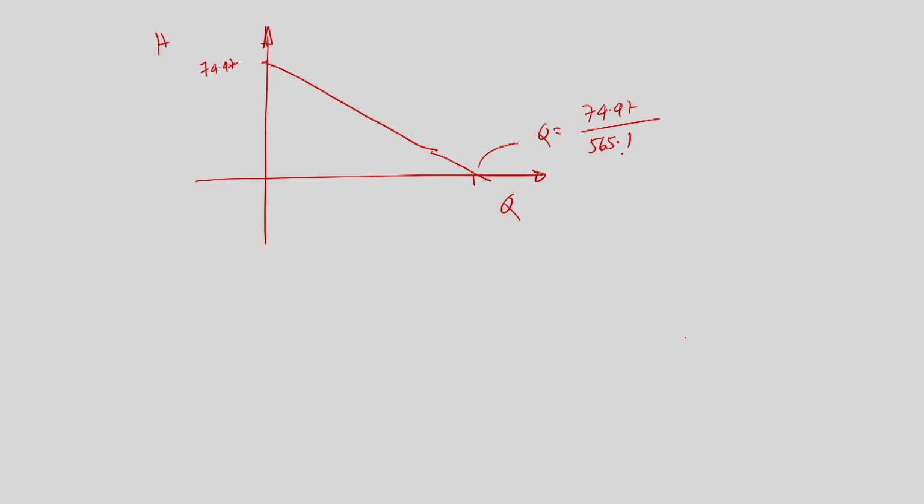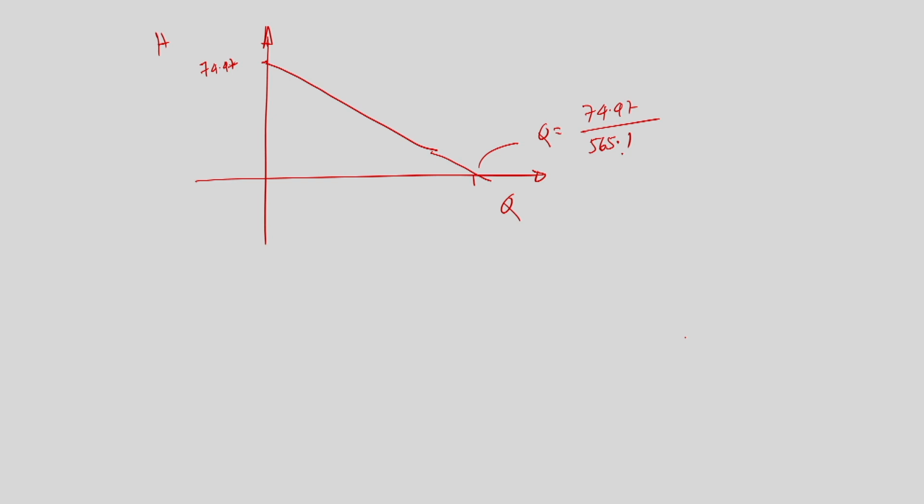So, this is the actual HQ curve, following the relationship that we have obtained. But I would expect a different curve from what we obtain from the HQ relationship, because although we have taken into account the effect of slip, there will be recirculation losses on the suction side.